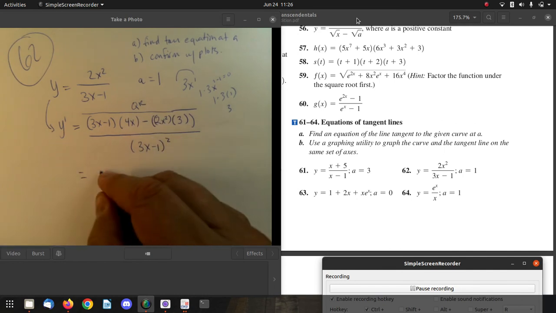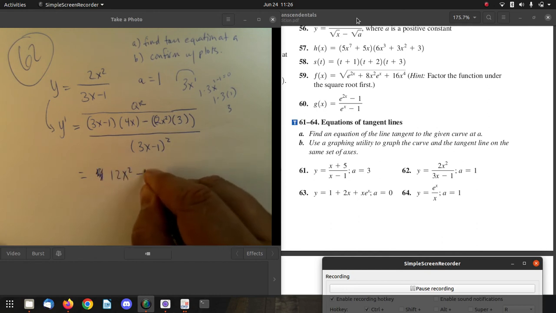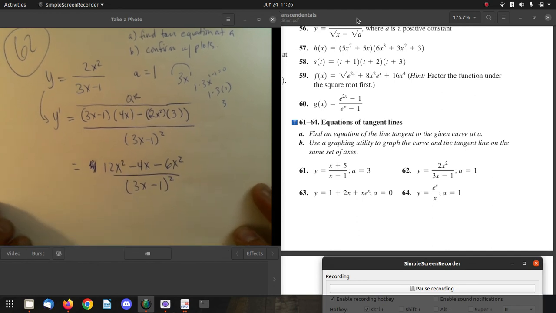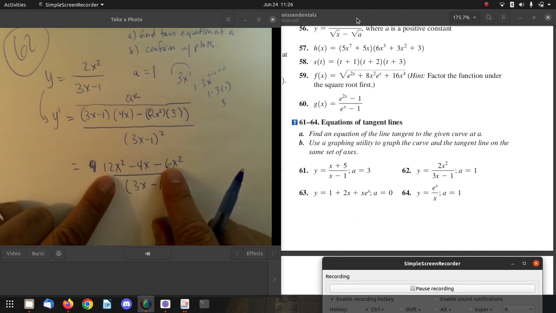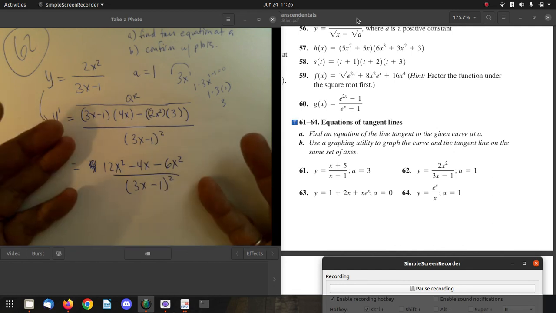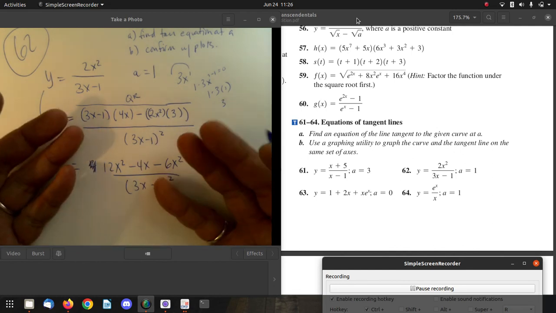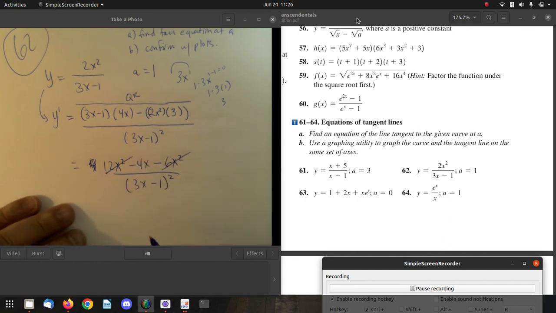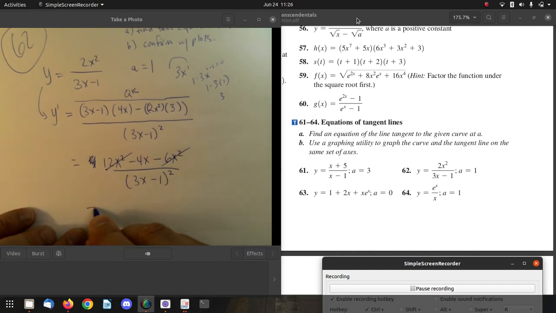All right, now we simplify, and we're going to get, whoops, not 4, 12x squared minus 4x minus 6x squared all over 3x minus 1 quantity squared. Now, let's do some more simplifying here. Let's say we needed to make a tangent line in a plot here. Well, I'm not going to leave 2x squareds, obviously. So we're going to simplify that out, and then I want to see if it even simplifies more. 6x squared minus 4x over 3x minus 1 quantity squared.